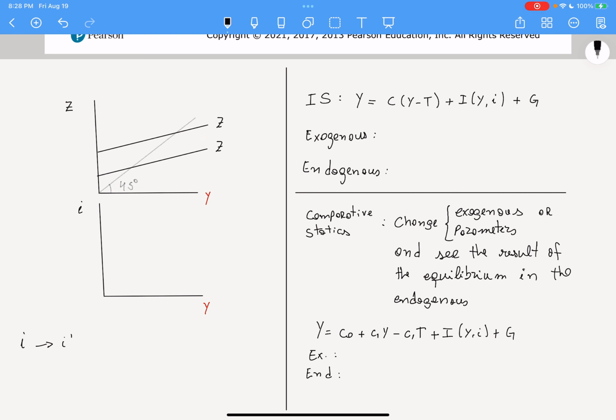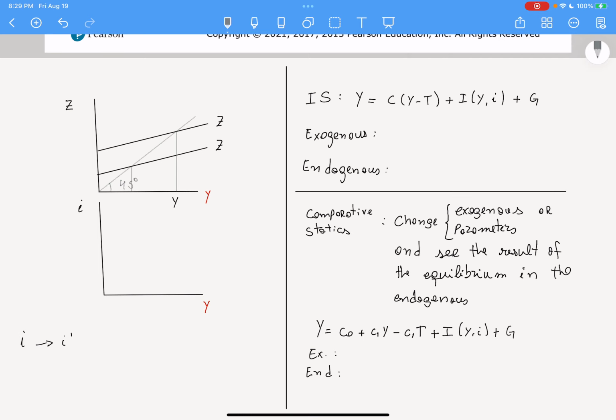What do we have here? In the first equilibrium, we have the determination of the first output, Y. However, in the second case, when we make this change, we have a new value for the output, which is Y prime.